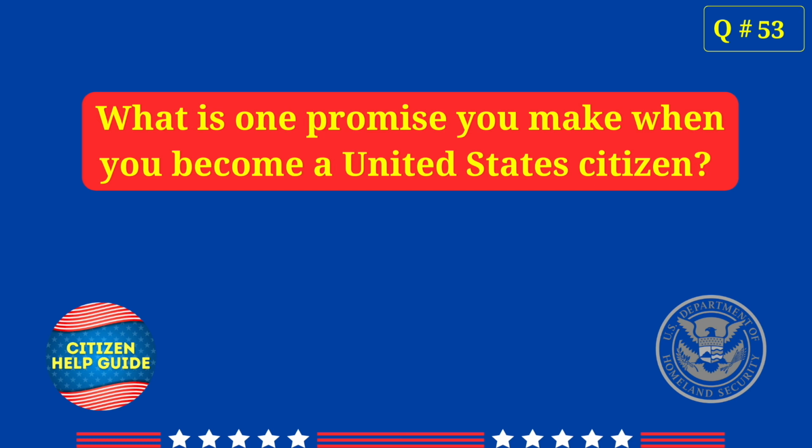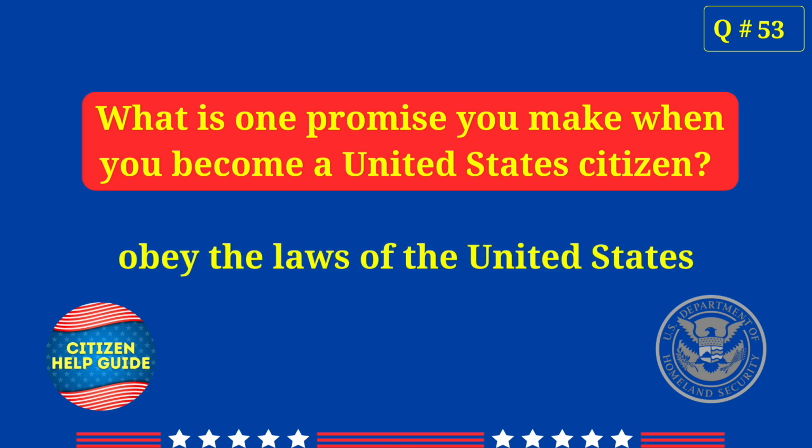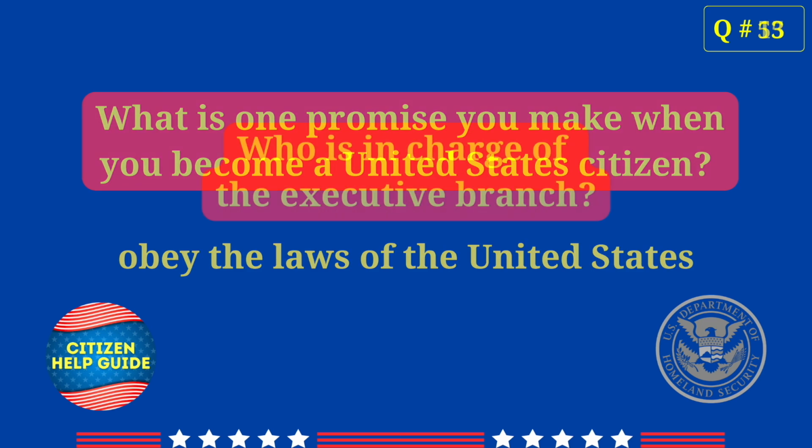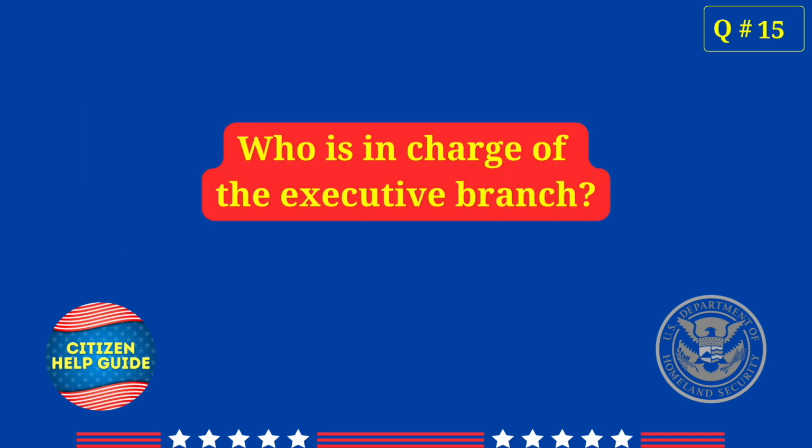What is one promise you make when you become a United States citizen? Obey the laws of the United States. Who is in charge of the executive branch? The President.